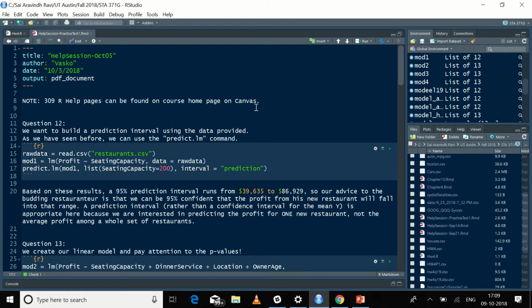Questions? Yes. That is correct, yes. How the predict.lm statement works is you need to be given values for each of the x variables that you want when you're predicting the y, right? So you should essentially be given a list of x variables if you have more than one x variable.